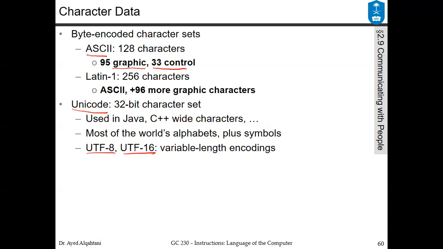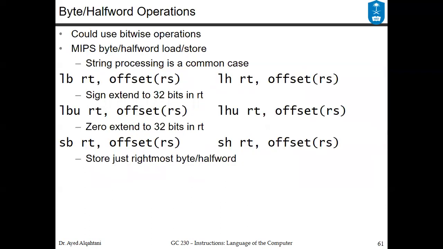You can represent them in those two encoding methods. Now, the instructions that we need to add to deal with characters: we have the load and the store, but previously, we have the load word and store word.